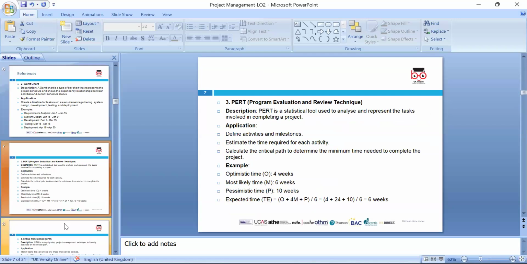Estimate the time required for each activity, calculate the critical pathways, and determine the minimum and maximum time required. For example, optimistic time is 4 weeks, most likely time is 6 weeks, pessimistic time is 10 weeks. We add them up and divide, and we can say 6 weeks.